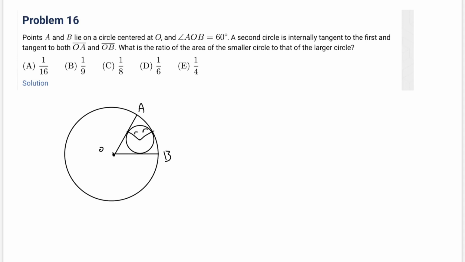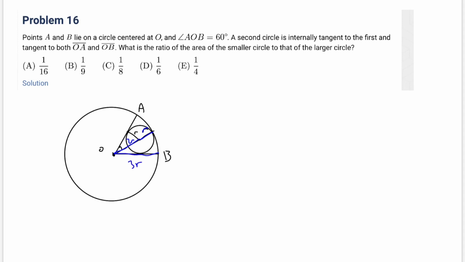So if this radius is R, then this would be R, and since this is 60 degrees and this would be bisecting it, if we put a line here, then this would be 30 degrees, which means that this would be 2R. So this distance would be 2R, and this distance would be R, right? So the radius of the whole thing would be 3R.